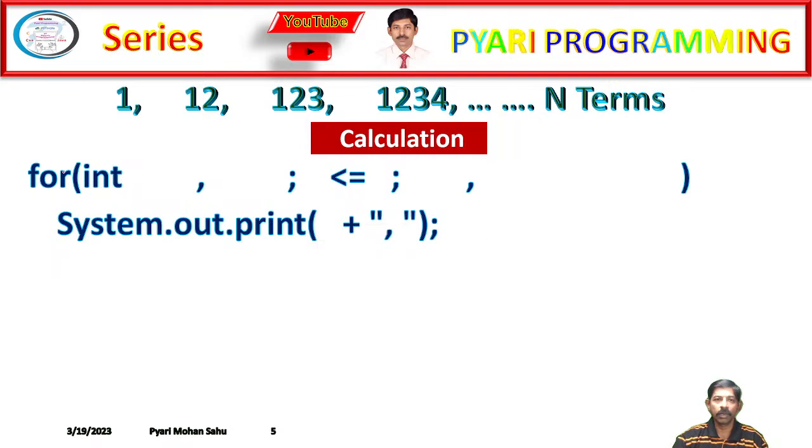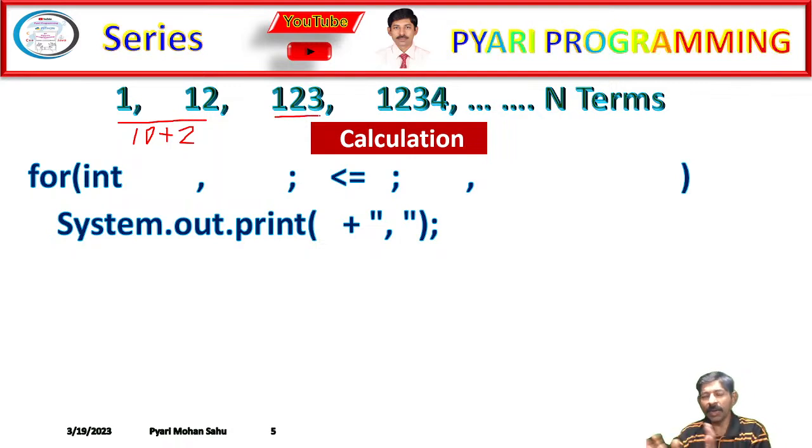Okay, let's start. Now the difference between these two is 10. The gap is +2. Yes or no? But just think about it immediately. What do you do to 12 to get 123? Again, a big gap is there.